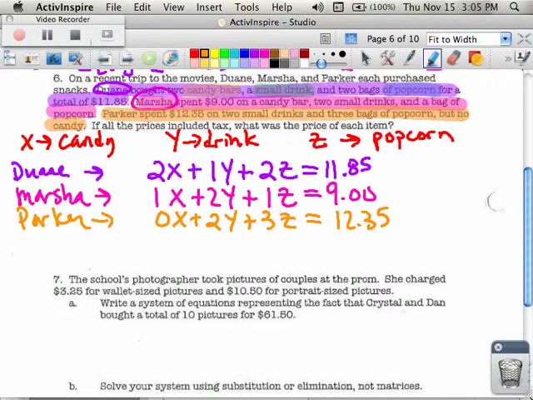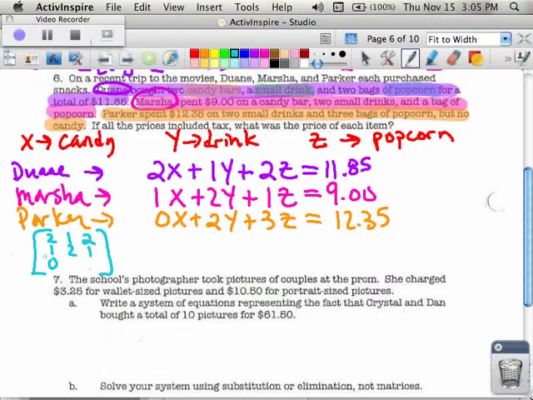So each of our lines is representing a person, and the X, Y, and the Z is representing what they purchased. So off to the bottom here, I'm going to write down how I would set this up as an equation or as a matrices set of equations. So I would be writing down in the first matrix a 2, a 1, and a 2, and that would be Dwayne. I would do a 1, a 2, and a 1, and that's Marcia.